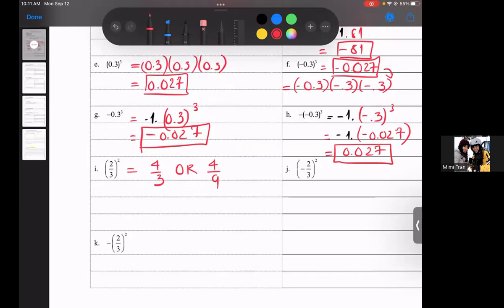One of them is correct. 4/9. Anybody pick 4/3? It's 4/9, because you distribute that power into both of them. I distribute the square into the top and the square into the bottom as well. So 2 squared over 3 squared, which is 4/9.